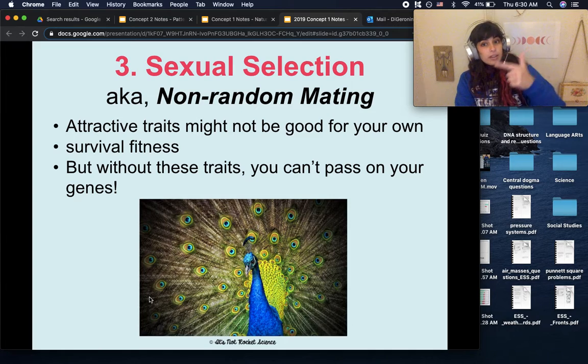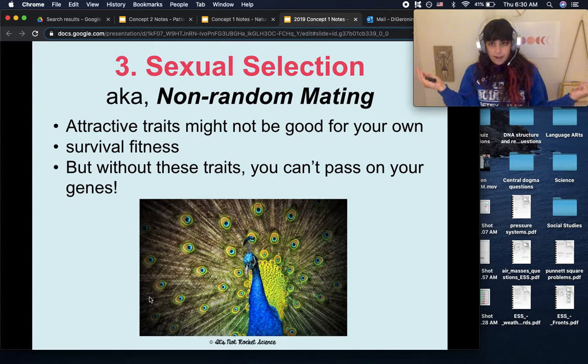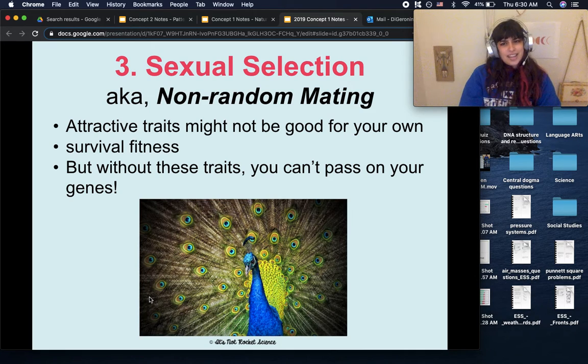He's probably pretty fast because he's survived a long time, even though he is like a beacon to predators. So it's a sign to me. His crazy tail is telling me that he has some pretty good DNA, so I'm going to pick him so that my offspring also have good DNA because I want my offspring to live a long, long time.